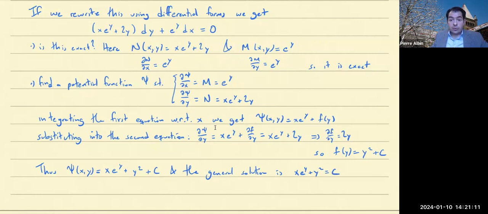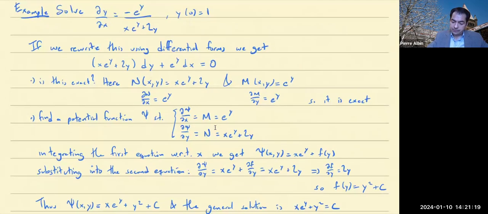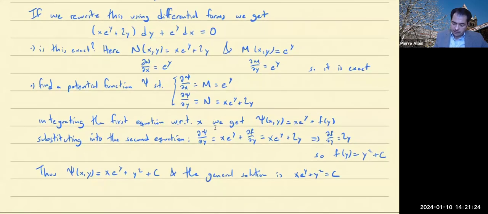Okay. Now, in this case, we were given an initial condition, so we can use that initial condition to find the constant, right? So we were told y of 0 is equal to 1. So we can find C using our initial condition. Right? So we know that we're looking for the curve that goes through the point (0, 1).